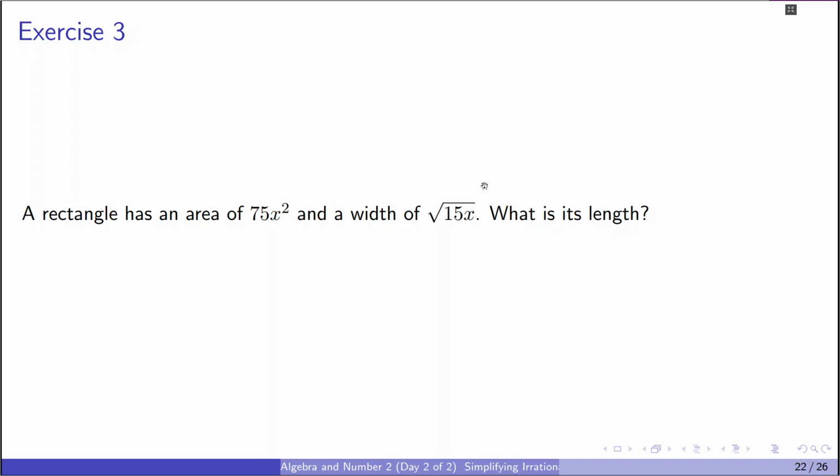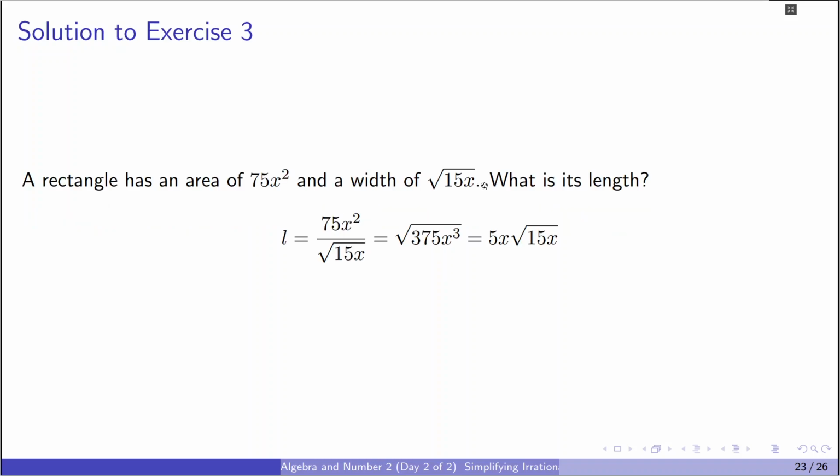Given the area and the width, the length would be the area divided by the width. So 75x squared divided by root 15x. If we square the 75 and then divide it by 15, we get 375. Square the x squared to put it under a radical, divide by x, we get x cubed. So this simplifies to 5x times the square root of 15x.